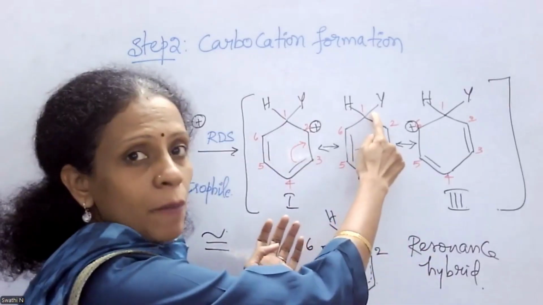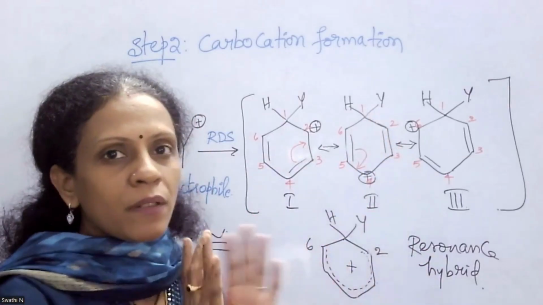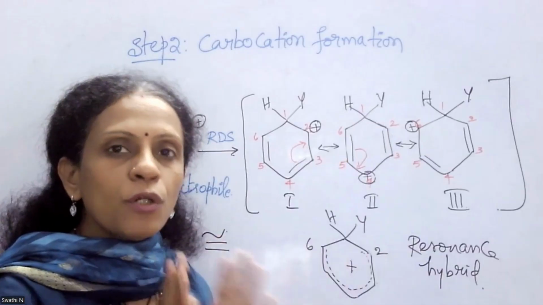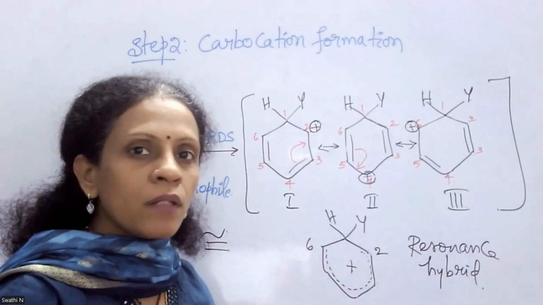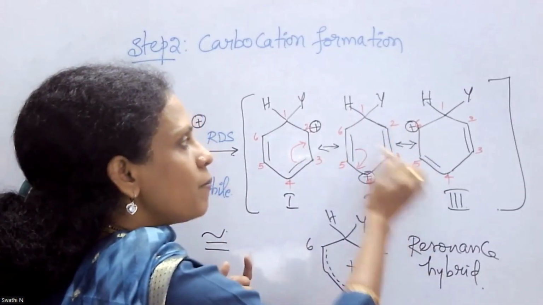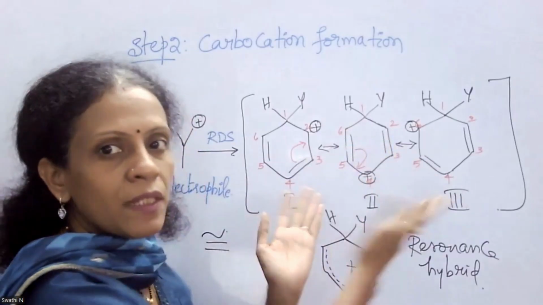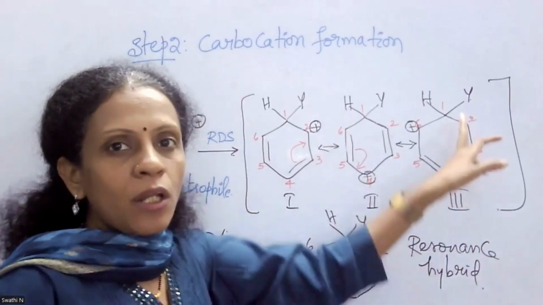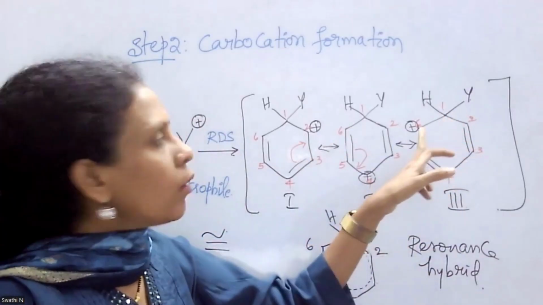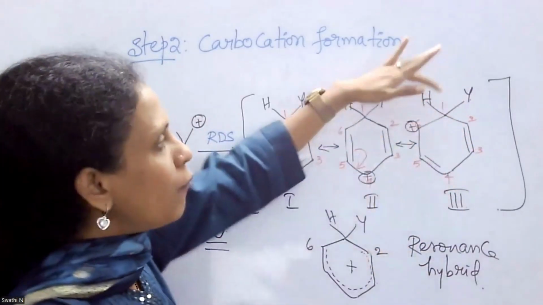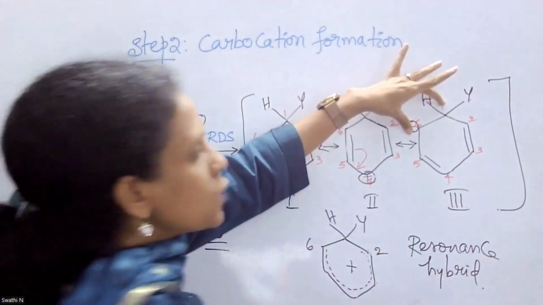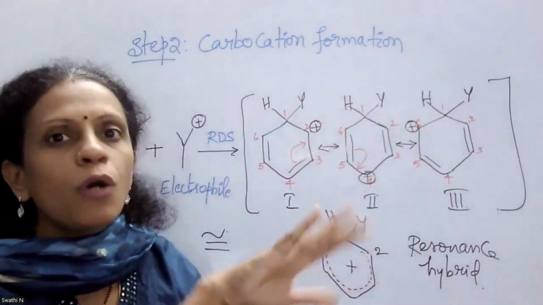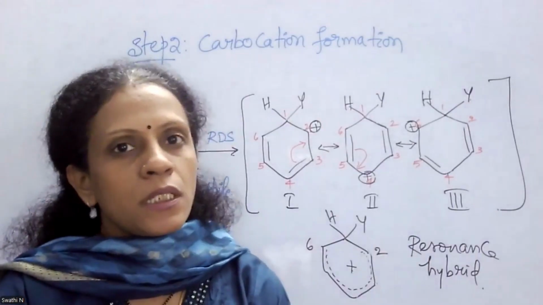We should not disturb the first carbon and fourth carbon. On these two carbons we cannot show double bonds. So what are the leftover carbon atoms? It is 2, 3 and 5, 6, and hence we keep double bonds there only. Coming to the third resonance structure, the first carbon is already tetravalent and the sixth carbon is positive, so avoid the 1 and 6 positions. Between the 2 and 5 carbon atoms, show double bonds at alternate positions.